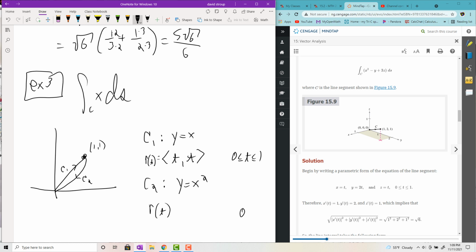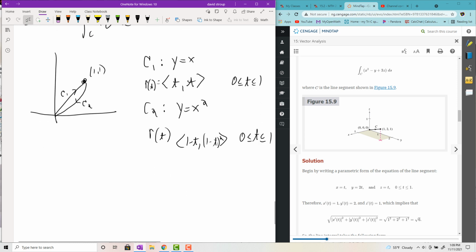I will go from 0 to 1, but I have to be careful and go 1 minus t, I believe. So 1 minus t and then 1 minus t squared. Let's make sure that works. So when I plug in 0, I get 1, 1. When I plug in 1, I get 0, 0.